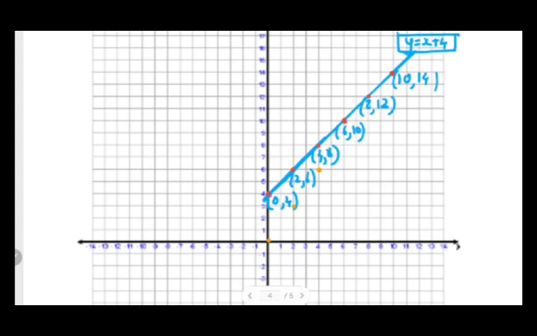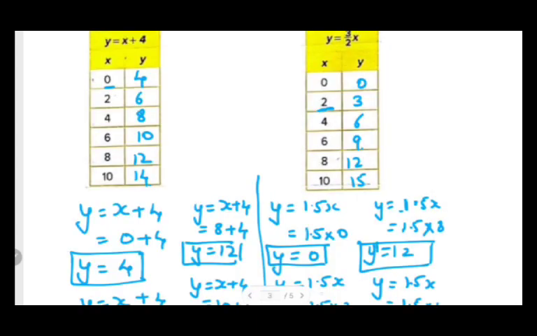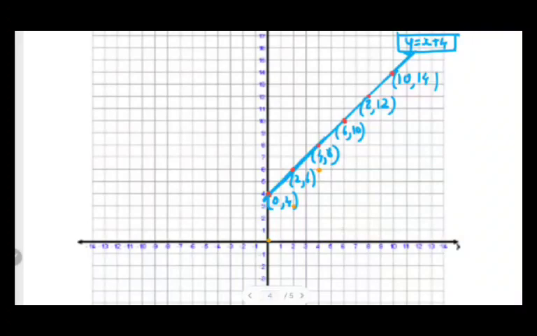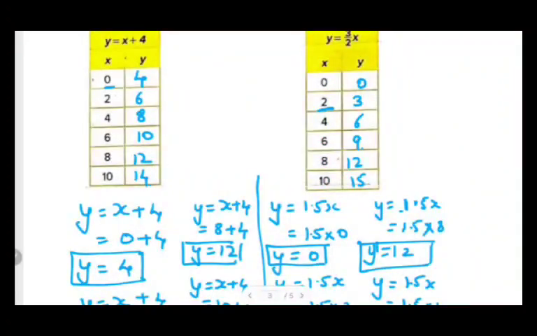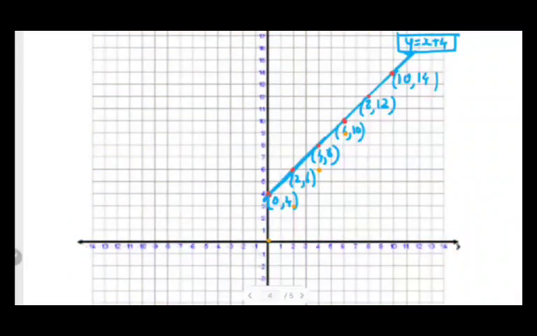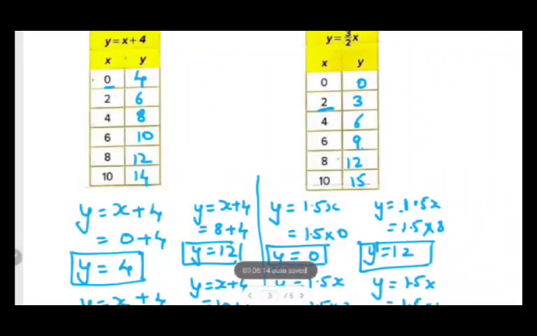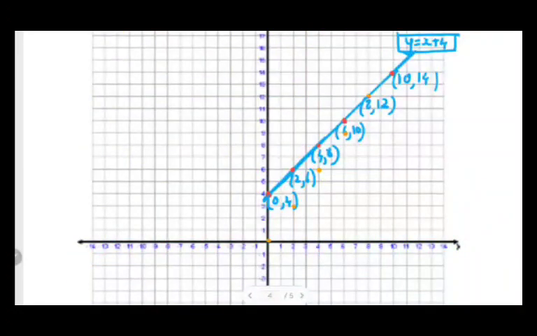Then 6 and 9. Where's 6? And we have 9 out here. Then 8 and 12. It's right here, a common point. And 10 and 15. So where's 10? And here we have 15.